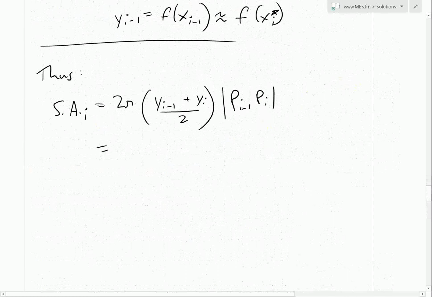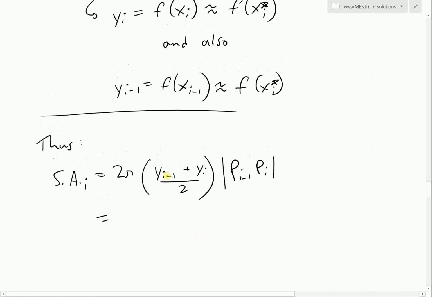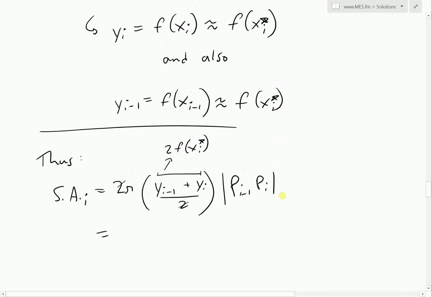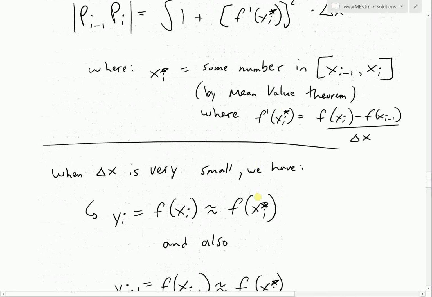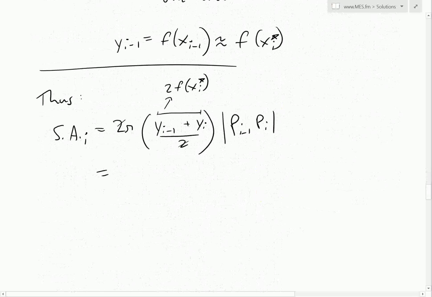And now when we plug in everything we just found, well, first the 2's cancel. This part right here, they're both f of xi star, so this is going to be f of xi star. And this arc length part equals just that square root formula I showed above.